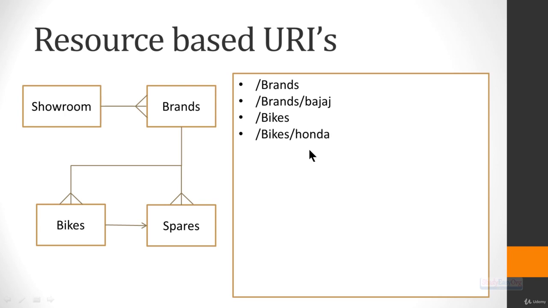We can get information of all the bikes in a specific brand. We can get information of all the spare parts available, or we can also get information of all the spare parts for a specific brand. So information like these can be retrieved. Again, if we wish to get information of a specific resource, we can also provide an ID. For example, spare/2025. So these kinds of URIs are known as resource based URIs.